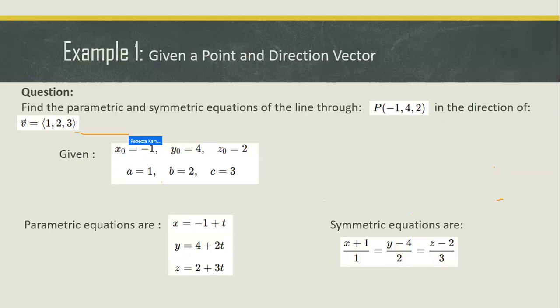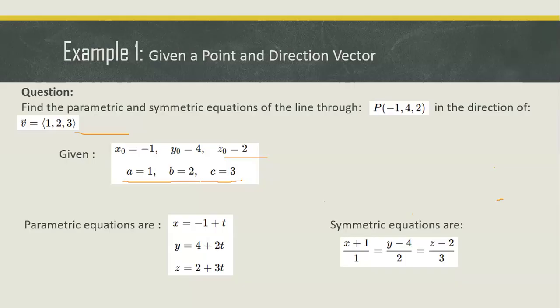All we do here is substitute whatever is given into the equation. We're given that x0 is equal to -1, y0 is equal to 4, z0 is equal to 2. And the direction vector is a equal to 1, b equal to 2, and c equal to 3.